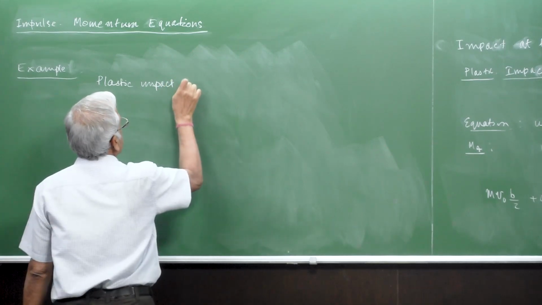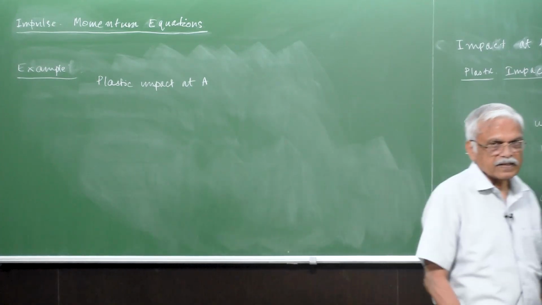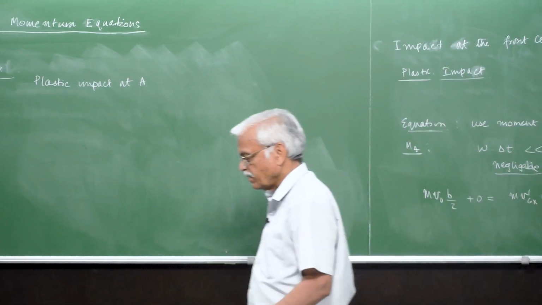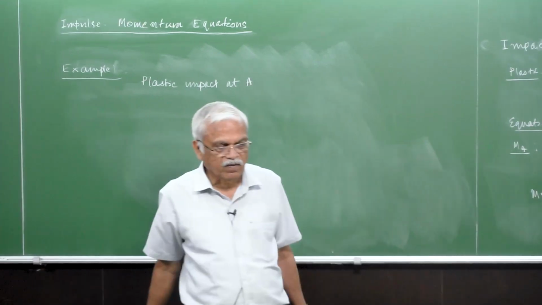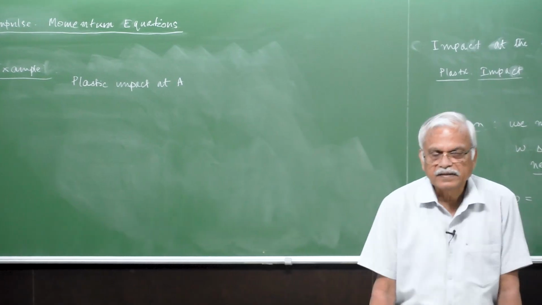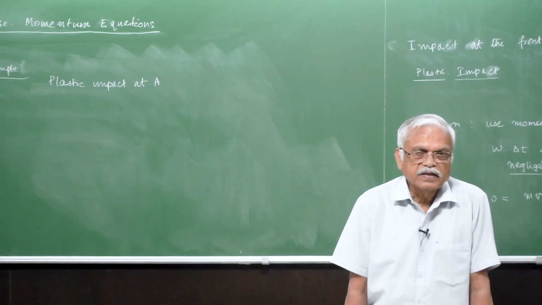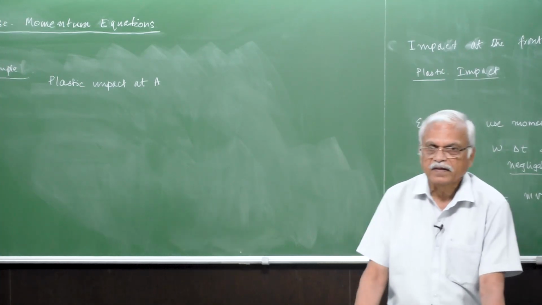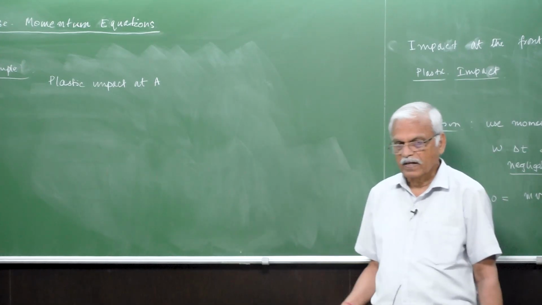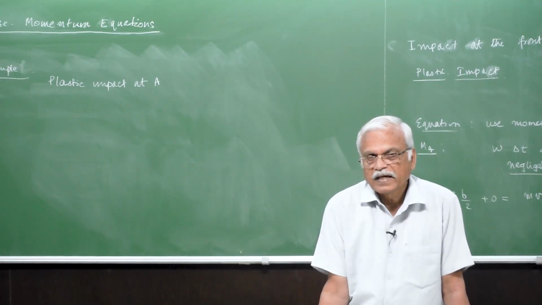Plastic impact at A. If it is a plastic impact, then the points where the plastic impact is taking place will be deformed to such an extent that they don't require the deformation, and they stay together after the impact, which means they move at the same velocity. If you know the velocity of one of the bodies, then you can say that the same velocity holds good for the other body also.